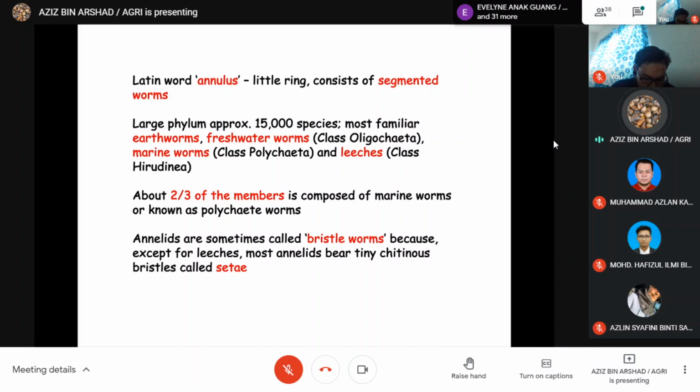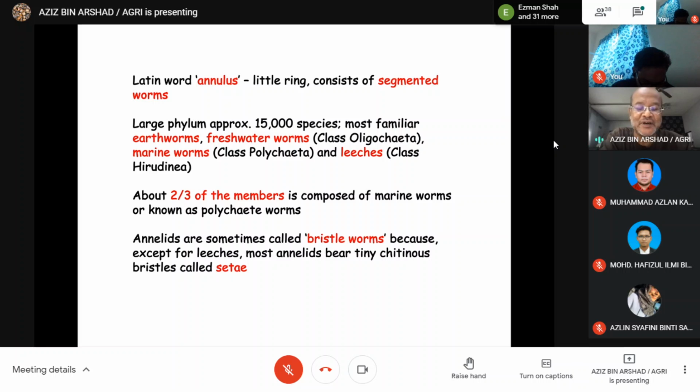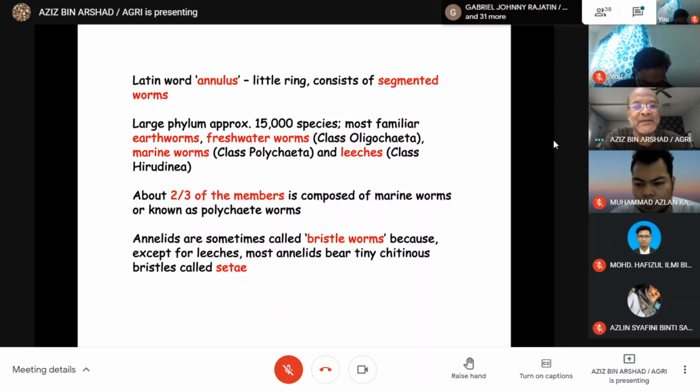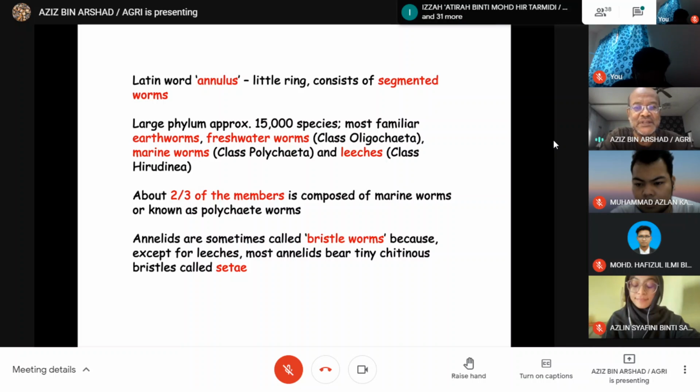You read about ornamental fish, you will come across tubifex. So it's in the group of Annelida for this oligochaete worm.